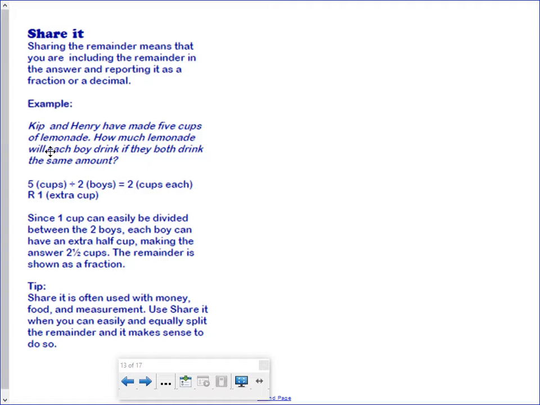So again, we have 5 cups divided by 2 boys, which would be 2, remainder 1. So they each get 2 cups, but then we have 1 extra cup. Well, that 1 cup can easily be broken into a half and a half. So we would say each boy gets 2½ cups.